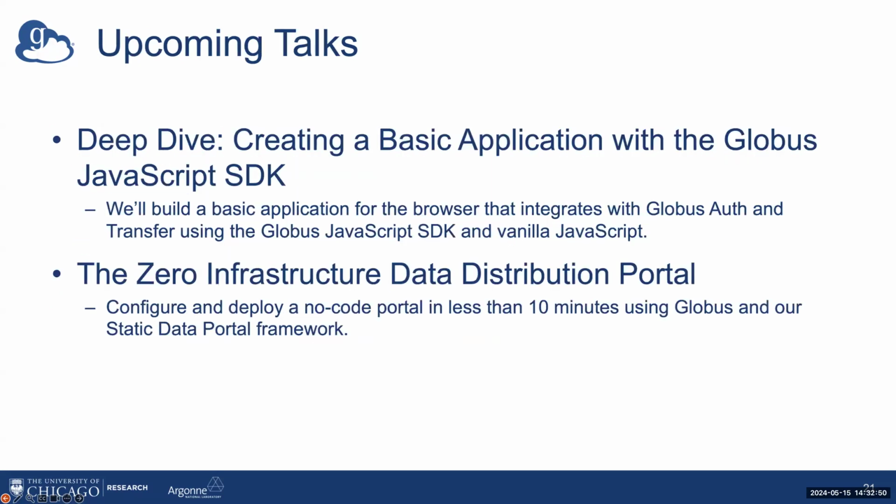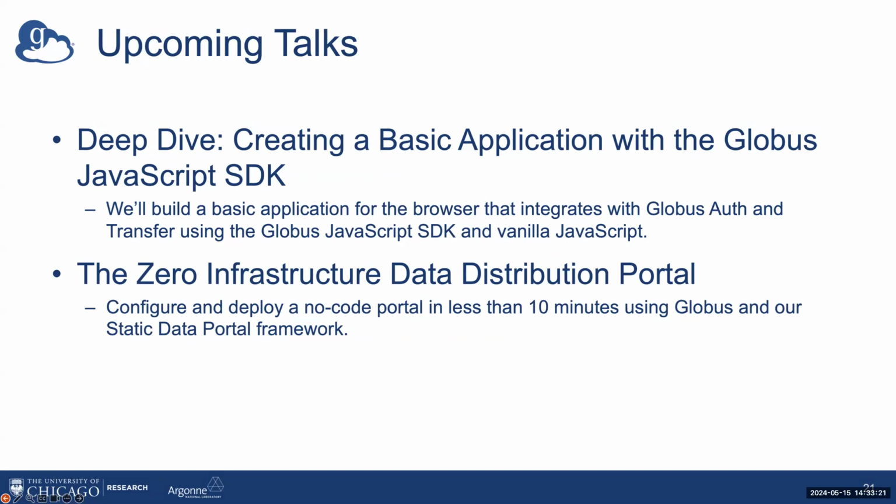The other thing I want to make sure to mention, we've got a couple upcoming talks. They're not scheduled yet, but in this vein of JavaScript ecosystem, JavaScript SDK, and what comes next, we have at least two talks planned. We're going to do a deep dive into creating a basic application with the SDK. This is going to be more hands-on, so we'll actually get into an editor and create an application live. And then I mentioned the data distribution portal being more of an off-the-shelf solution.